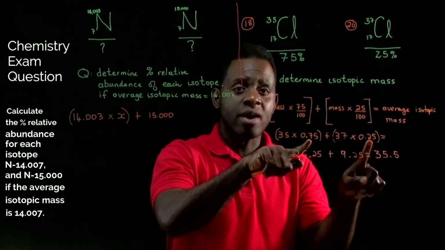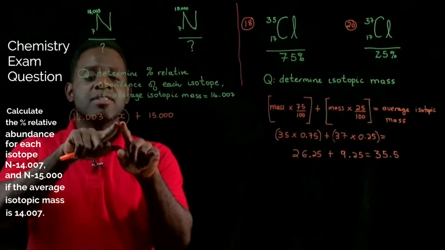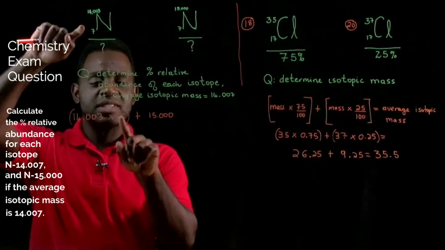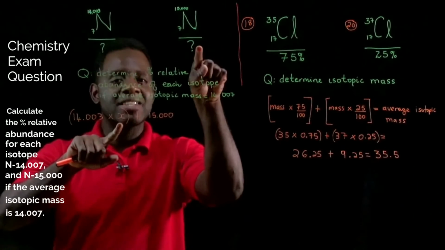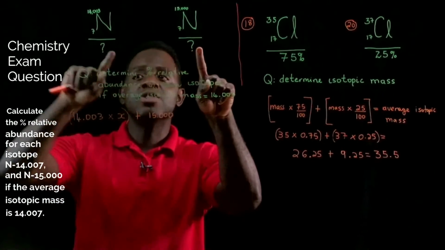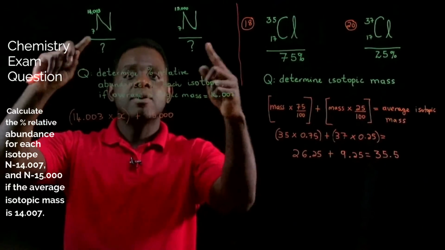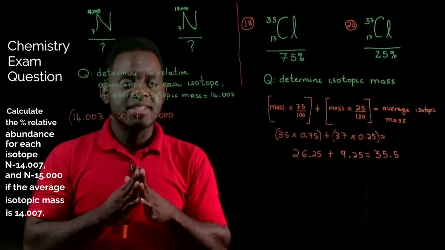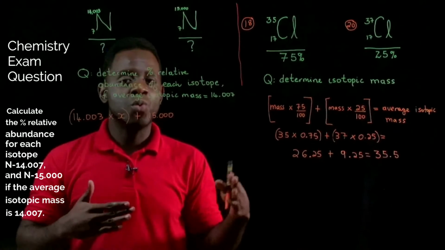add up to 1. So if the relative abundance of this isotope is X and the relative abundance of this isotope is related to this isotope, in terms of percentage, they must add up to 100%. In terms of a decimal, they must add up to 1.